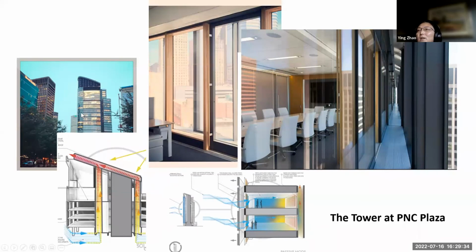So they implement that, using a double skin facade. Because in high-rise, there are a lot of draft concerns if you only have a single skin for natural ventilation. So to implement natural ventilation, definitely consider double skin.